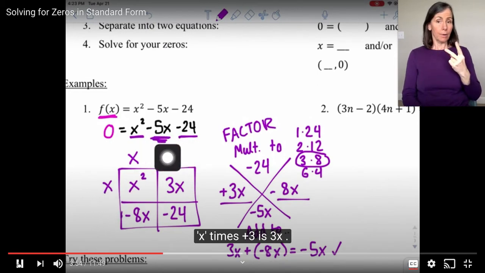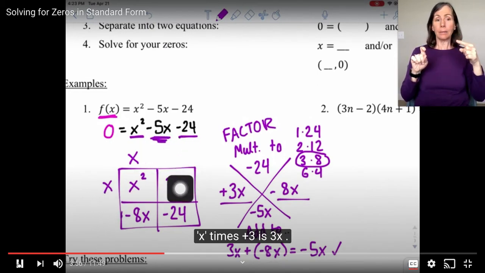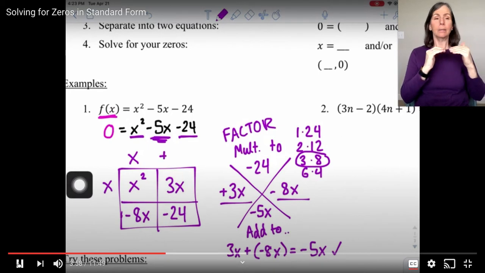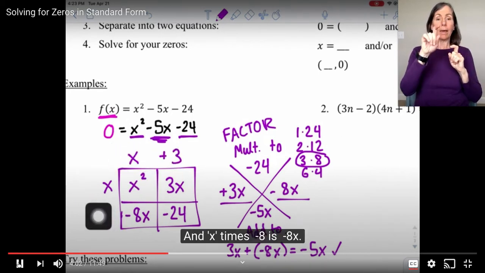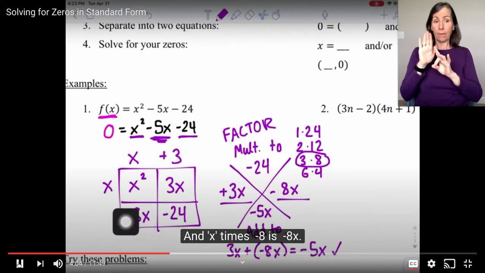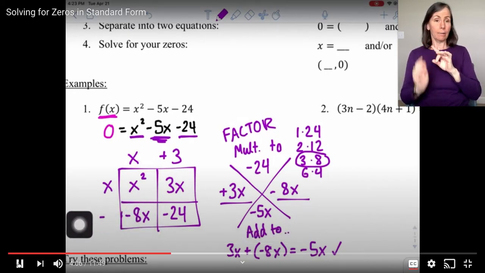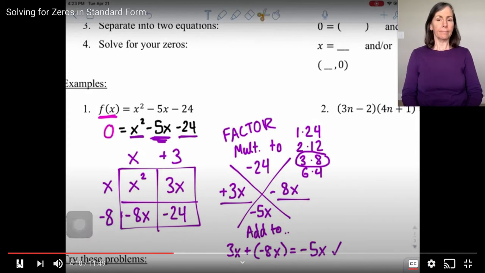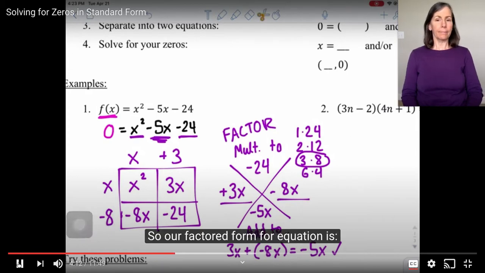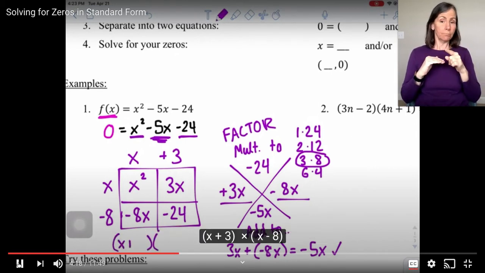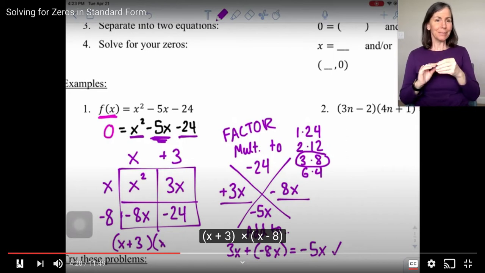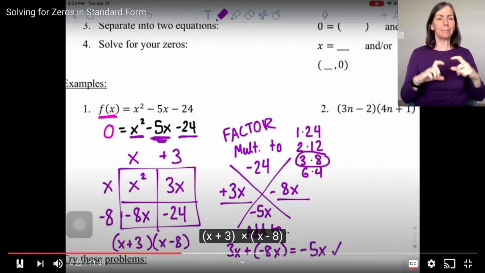X times positive 3 is 3x. And x times negative 8 is negative 8x. So our factored form for our equation is x plus 3 times x minus 8.